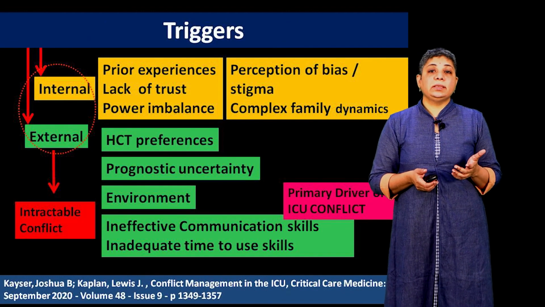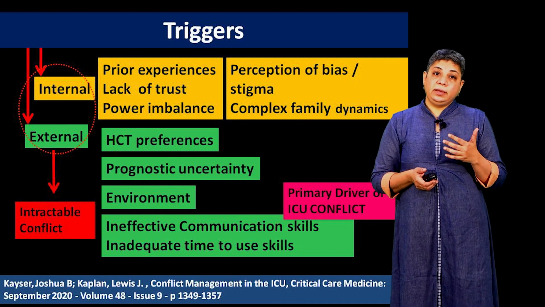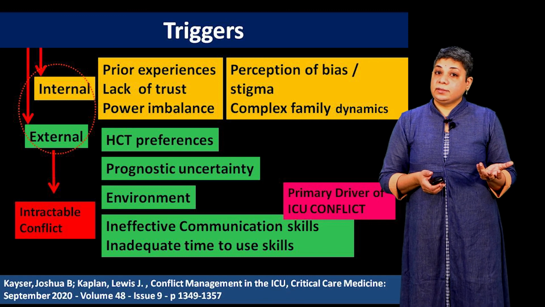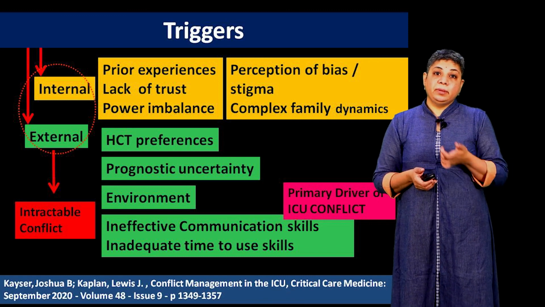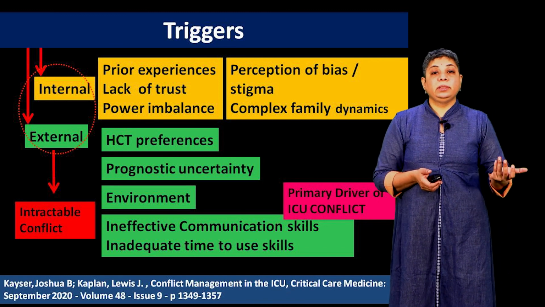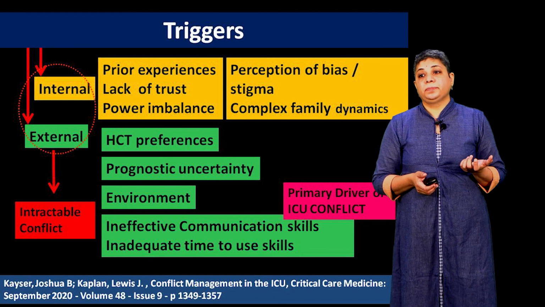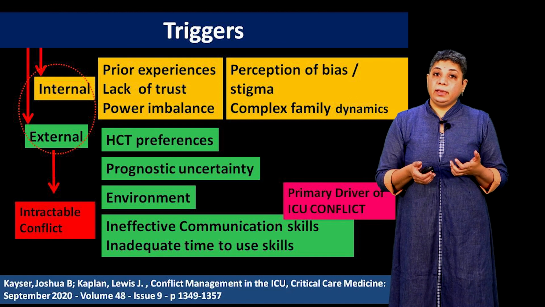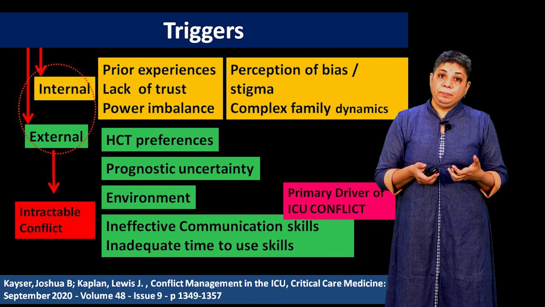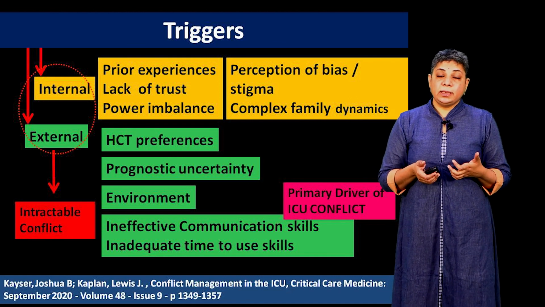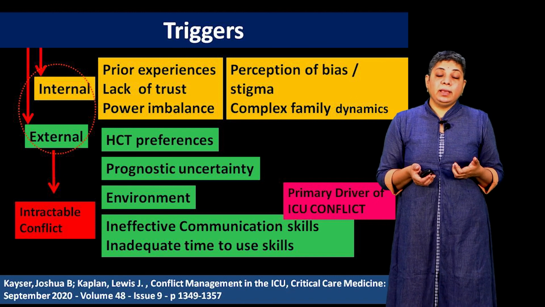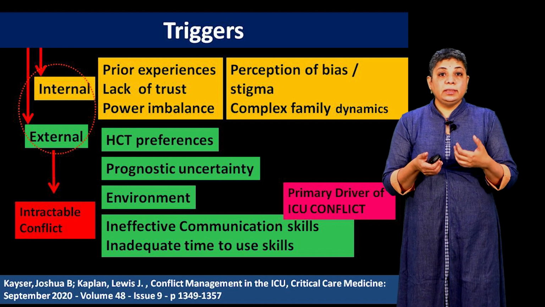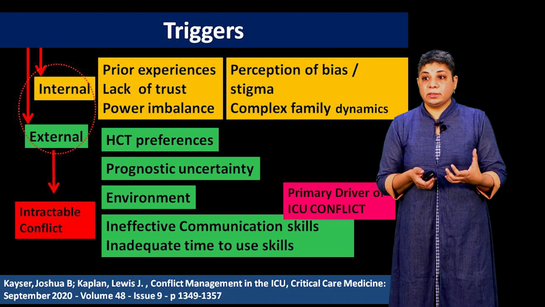So like we were discussing, triggers can be internal. What are these internal triggers? Prior experiences in the ICU, other family members, the same family member during the previous ICU visit, lack of trust, when there is a power imbalance, when the surrogate feels that he or she doesn't have enough power to make a statement, to have a stake, to have a real say in the decision making process.